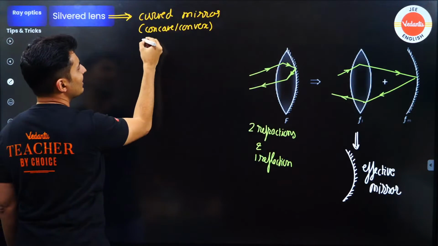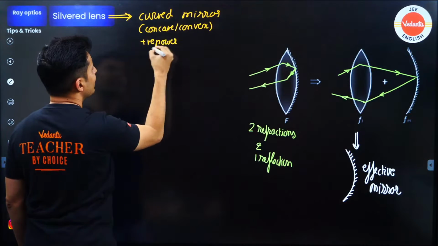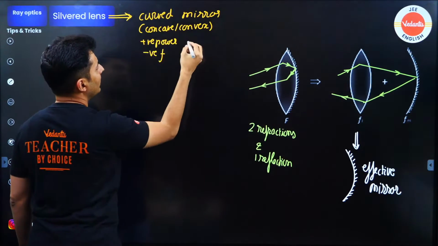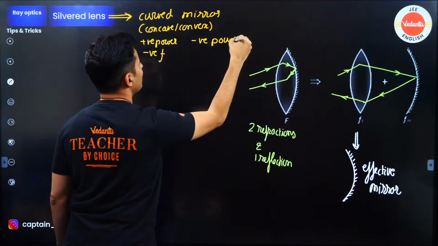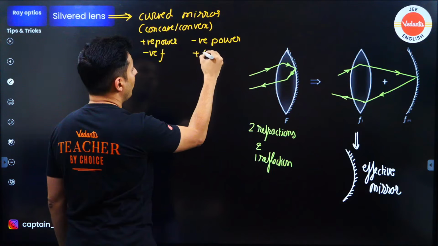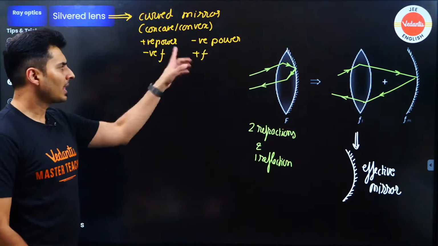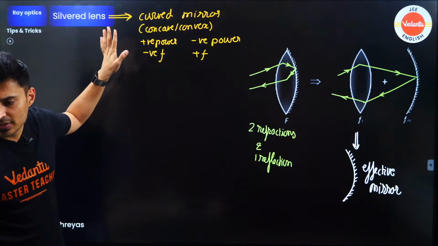If it is concave, it has positive power or negative focal length. If it is convex, it has negative power, because a convex mirror is diverging, so negative power, or positive focal length. Is that clear, my dear warriors?